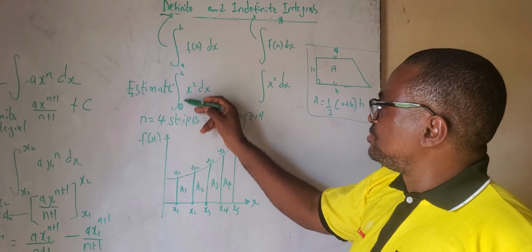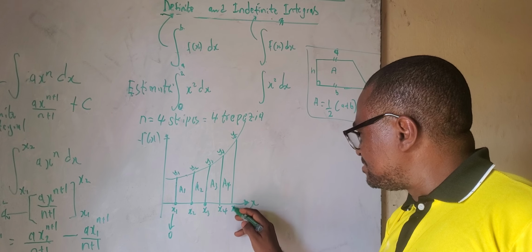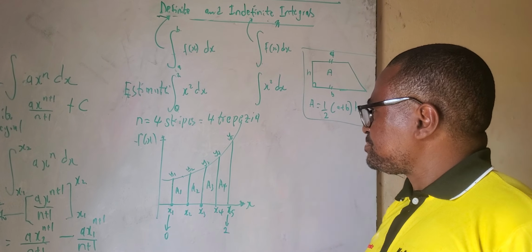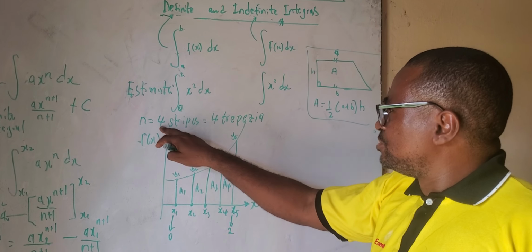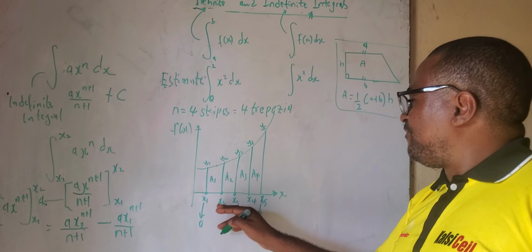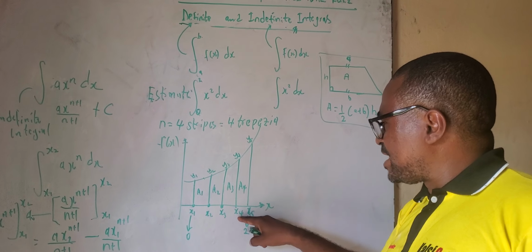So the limit is from 0 to 2. So that means my x1 is 0, and the last value for x here is 2. Since we are told to use 4 stripes, what we are going to do is to find the value for the interval along this x-axis.